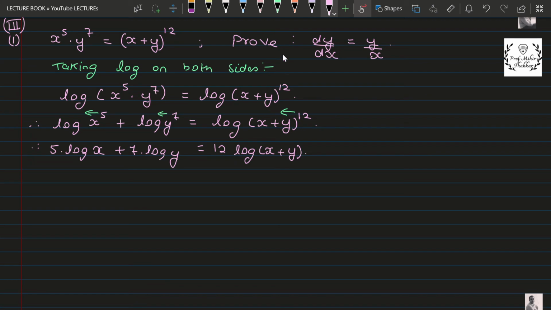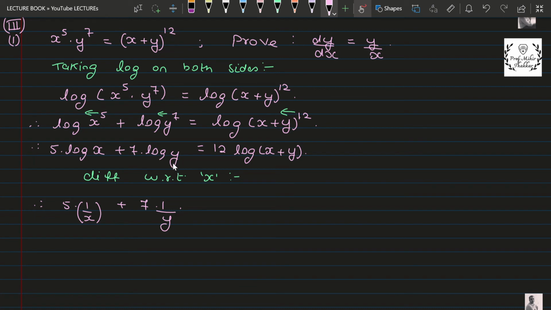Now no further simplification is possible guys. So now I will say over here differentiating with respect to x. So when we differentiate the first element 5 log x, so it is 5 into 1 by x. Second element 7 log y, so it is 7 into 1 upon y.